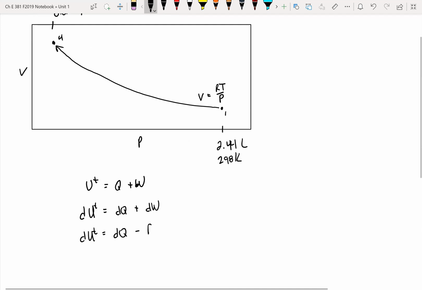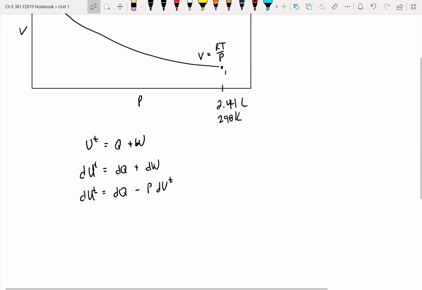We already rationalized why the dW term was minus P dV. And we also know that dU is n Cv dT.